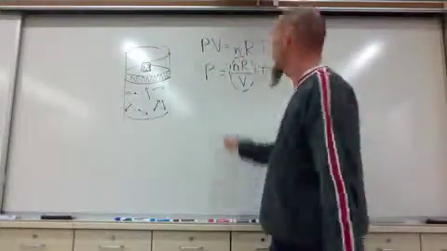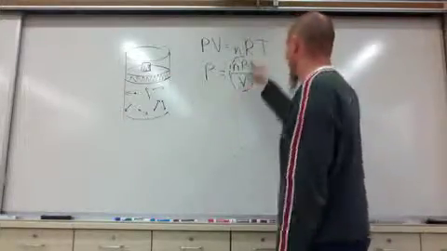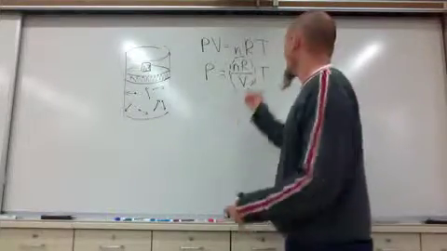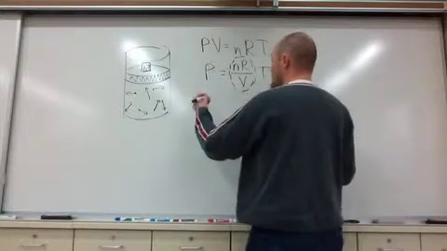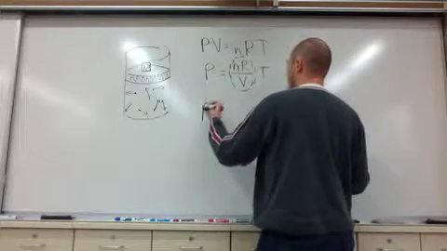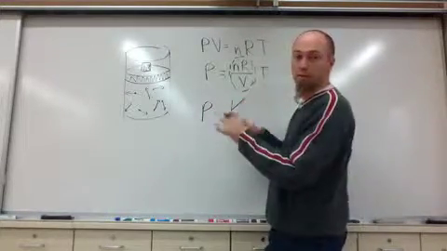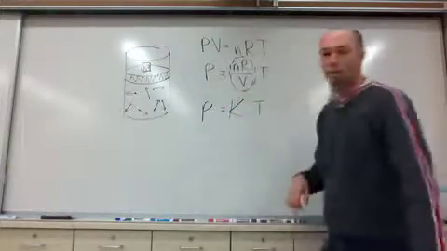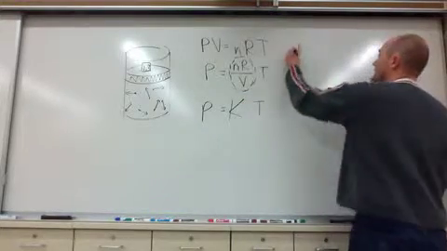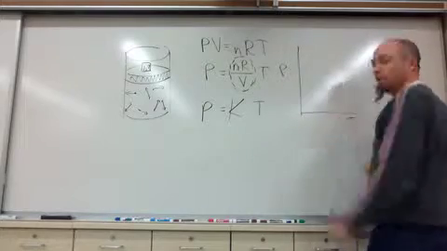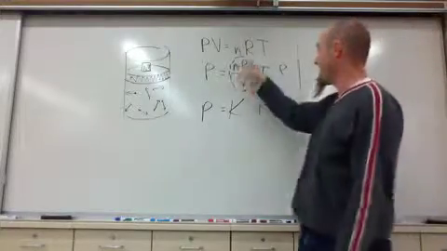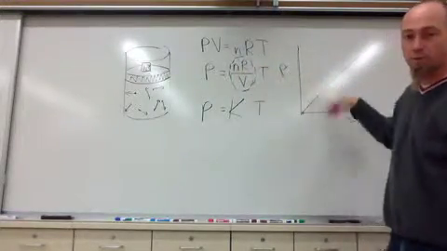It doesn't change, because n is a constant, the number of moles in my gas, R is a constant, and V we're saying is constant. So I'm going to graph something that looks like this: some random constant, I'll just call it K, times T. Well, if I graph P equals some constant times T, this is what my graph would look like. If I have P versus T, that graph is going to be a straight line, where the slope would be that nR over V piece.